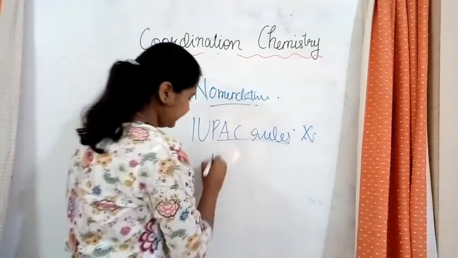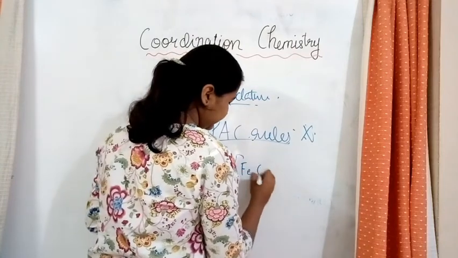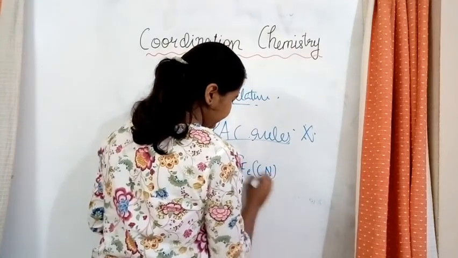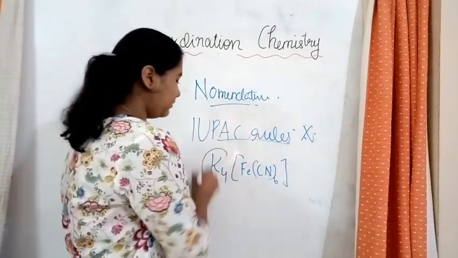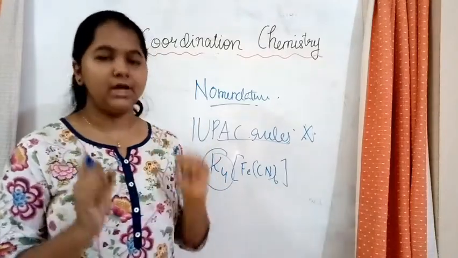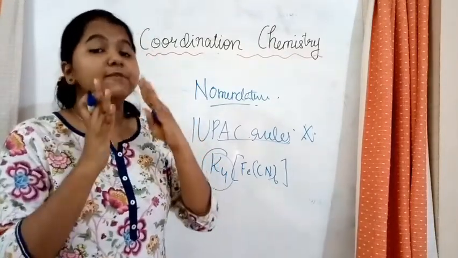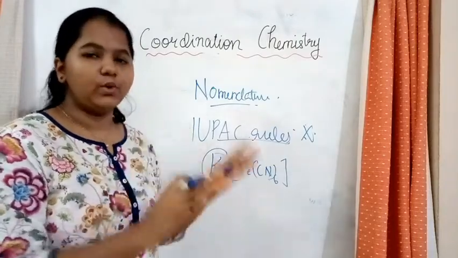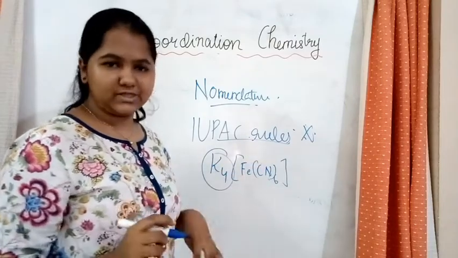In the first case, if it is K4[Fe(CN)6], then the counter ion comes first. When you write the nomenclature for a compound, the positive part comes first and only then the negative part. In this case, which is the positive part?